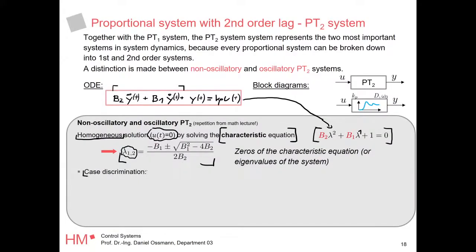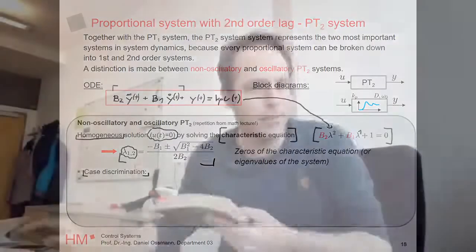That's why we're going to start with a case discrimination. And when you look in your mathematical formula collection, you have exactly this discrimination in it. I'm going to show you that that's actually true.